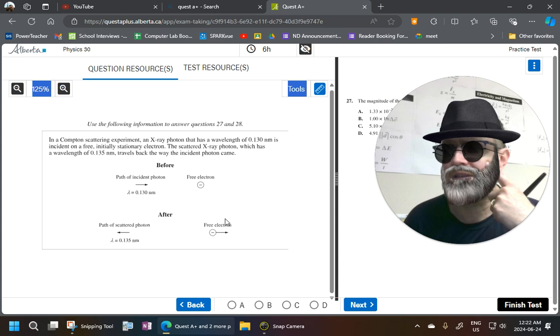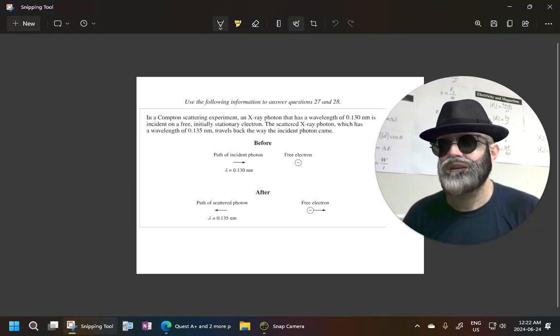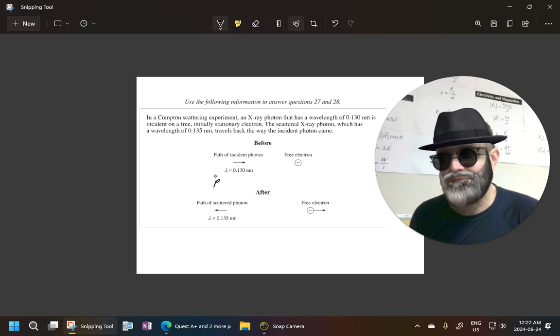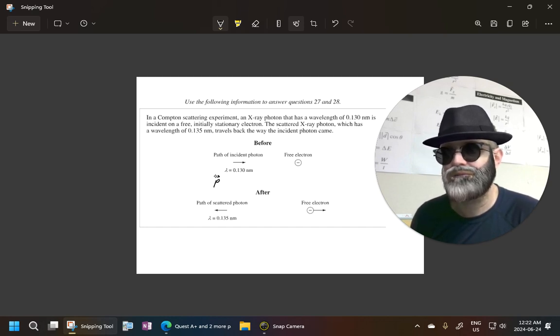Okay, so this would be really easy because I have the wavelengths. So I know how much momentum there is before the collision. If I assume the electron is initially stationary, this v is equal to 0, so its momentum is 0.